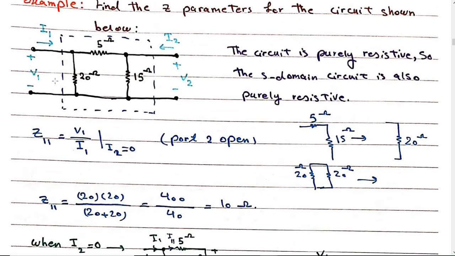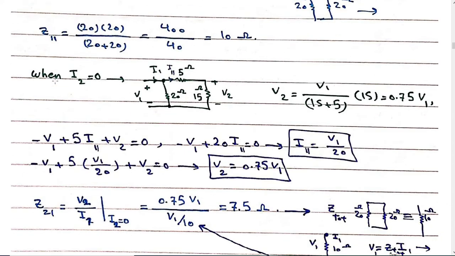Okay. So how about Z21? What is the equation for Z21? You have it. Z21 is V2 over I1 when I2 is 0. So when I2 is 0, we need to find V2 over I1.